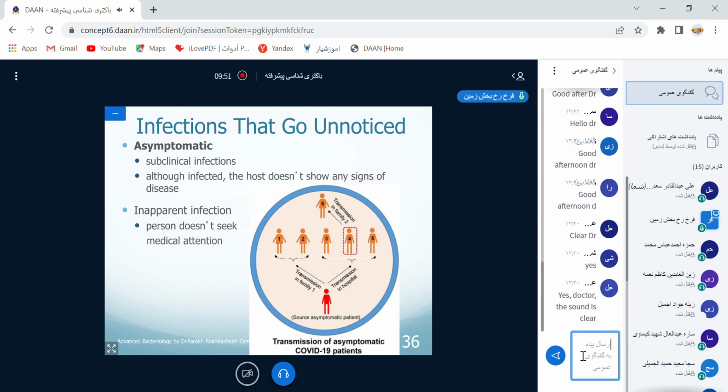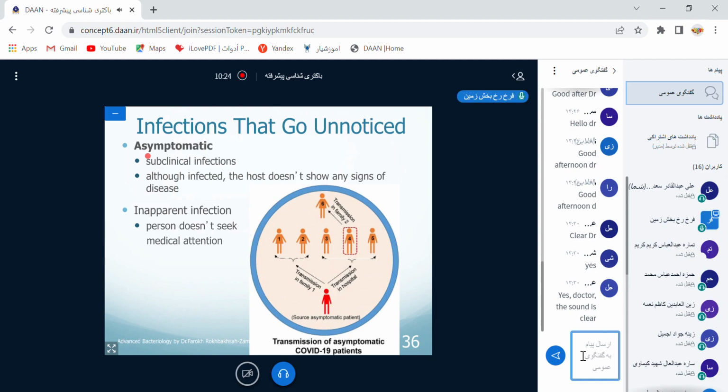Asymptomatic infections are those where the infection is there, in the patient, but there are no signs and symptoms. So the patient doesn't have anything to say, doesn't feel any illness, doesn't feel any problem. So infection is there, but without any symptom. When there is no symptom, it is asymptomatic.